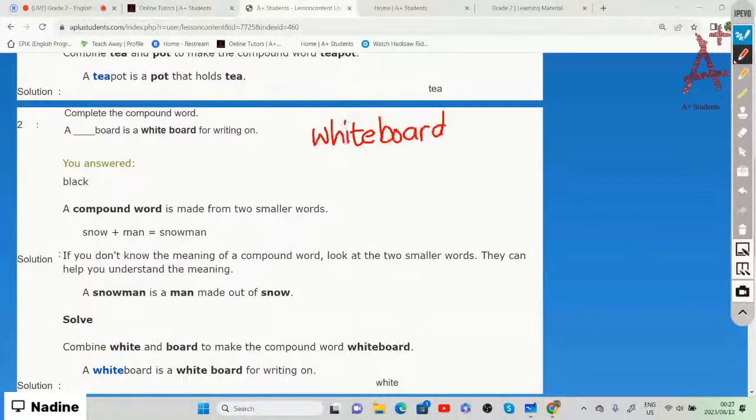So a whiteboard is a board for writing on. Which means that we combined white and board to make the compound word whiteboard. And a whiteboard is a board for writing on.